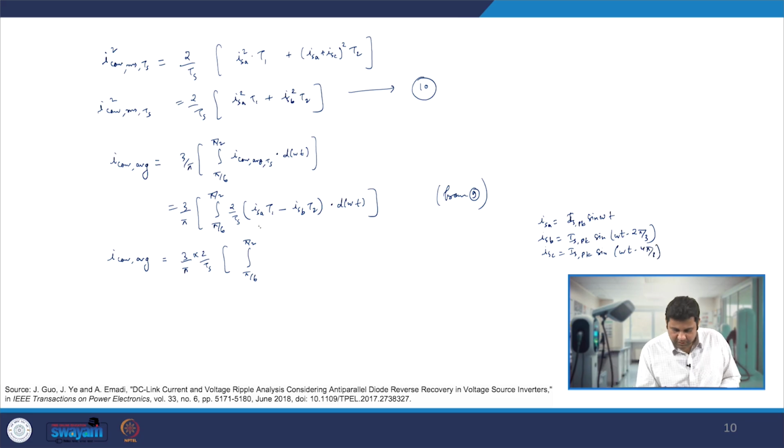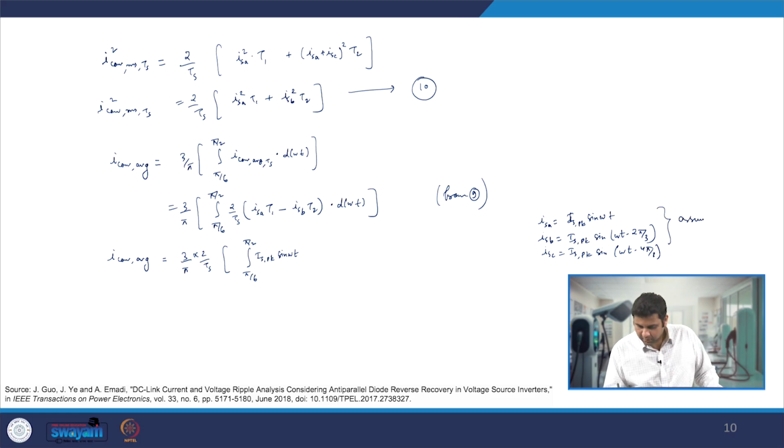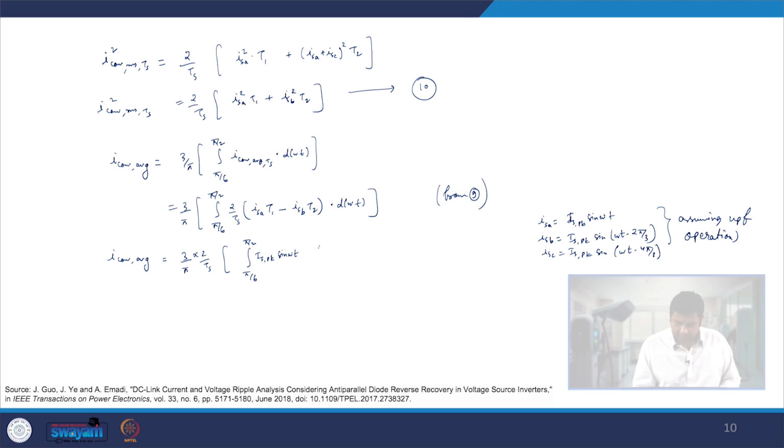Here we write Is peak sin omega t, again assuming UPF operation, so there is no phase angle term coming over here.